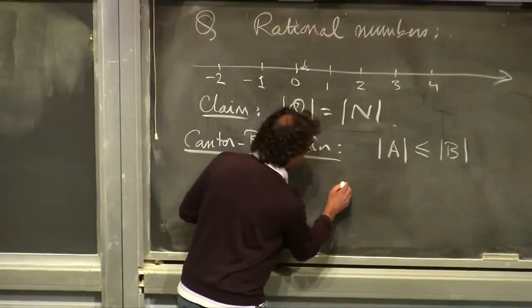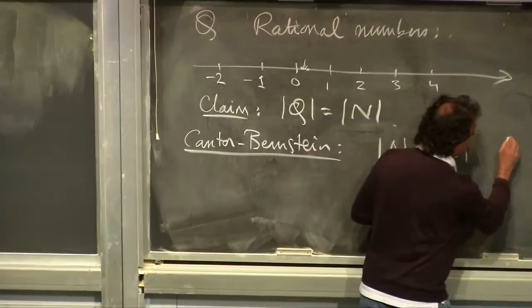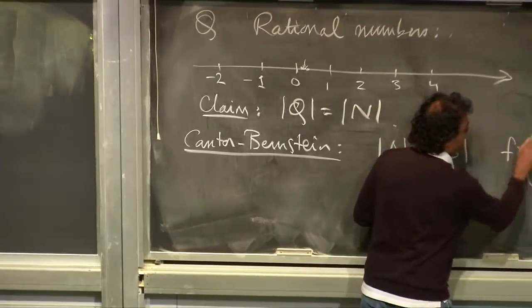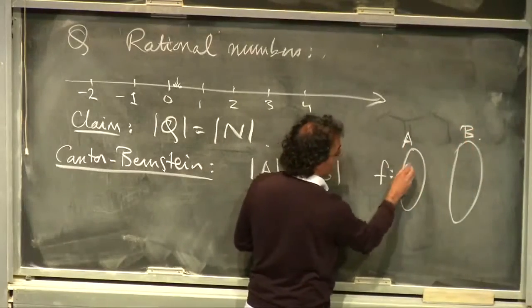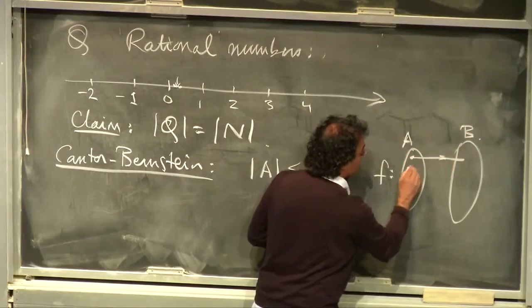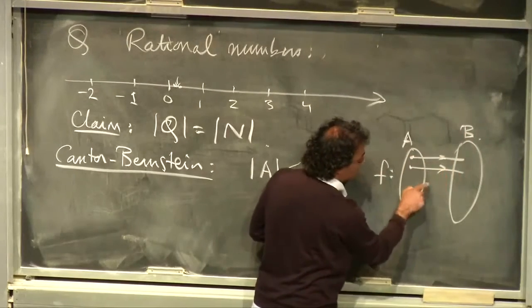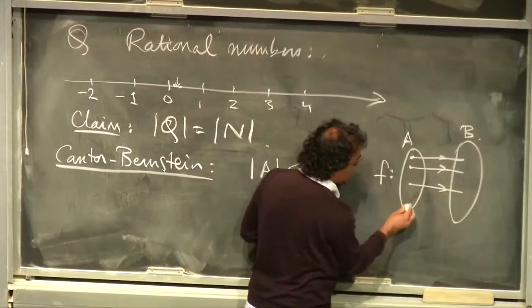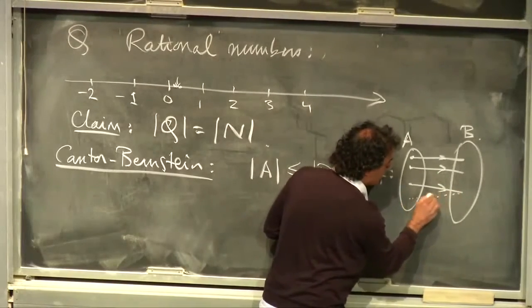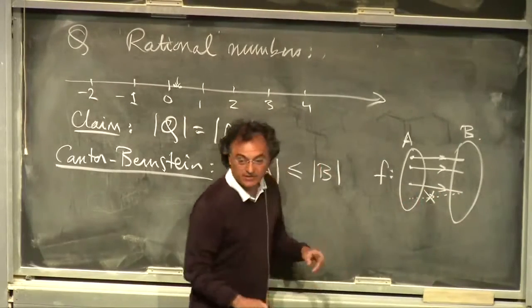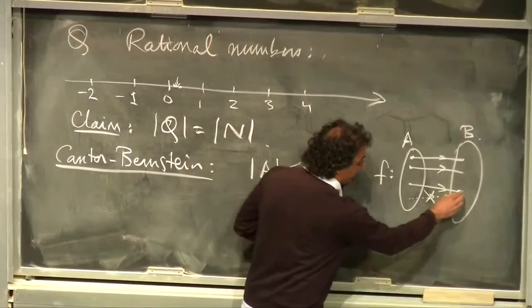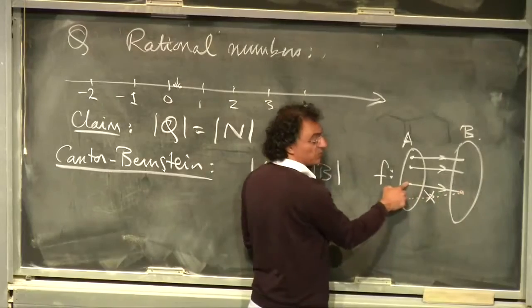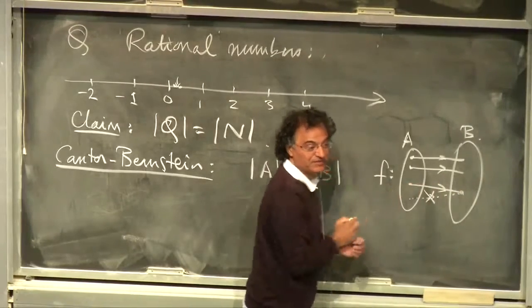So in other words, if you can show a function f which maps A to B in such a way that it's one-to-one, meaning no collisions are allowed. It cannot be many to one, right? So if you have any point here, it has at most one thing that maps to it.